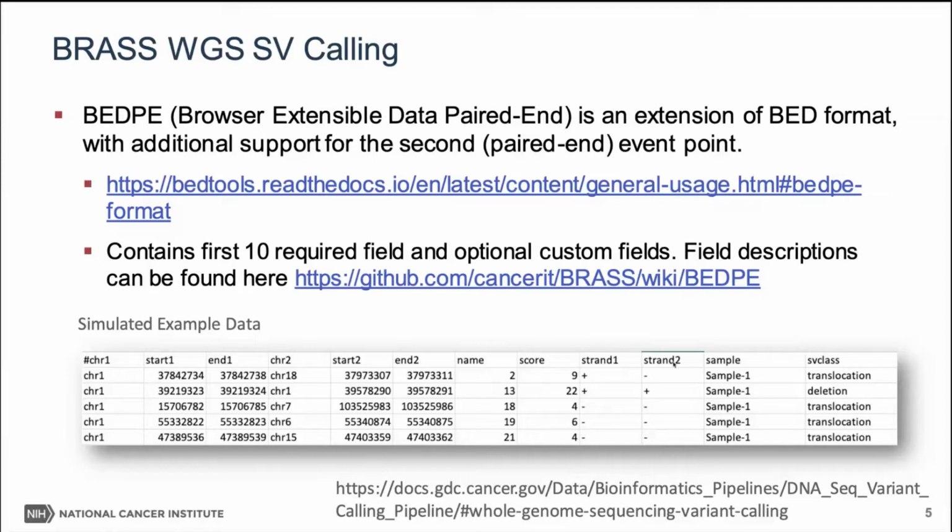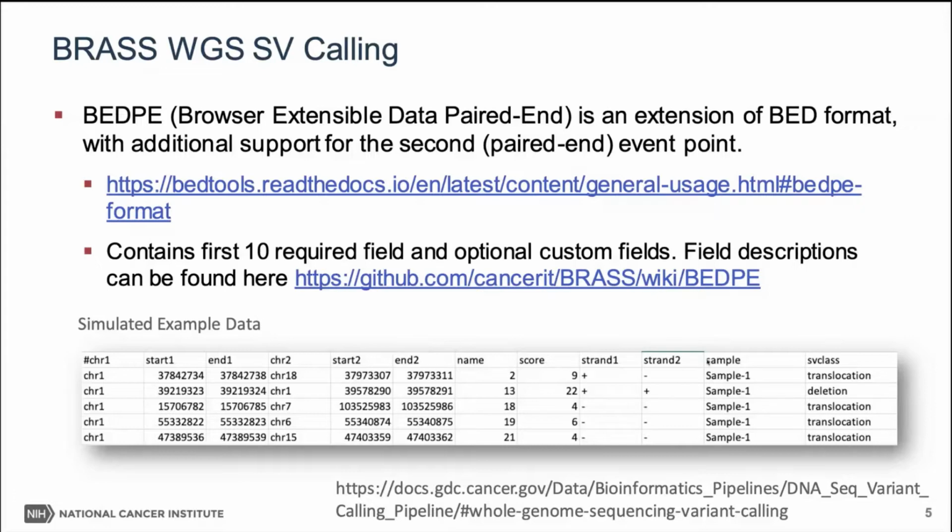In this format, the first 10 columns are required. In addition to the columns I've described, there are also names and scores. Although names and scores are required, the exact definitions of those are not defined by the BEDPE format itself, so it depends on each individual caller how they put a name or a score. After these 10 columns, there are optional fields anyone can write. If you download and look at the BRASS BEDPE file, you'll see a lot of different columns.